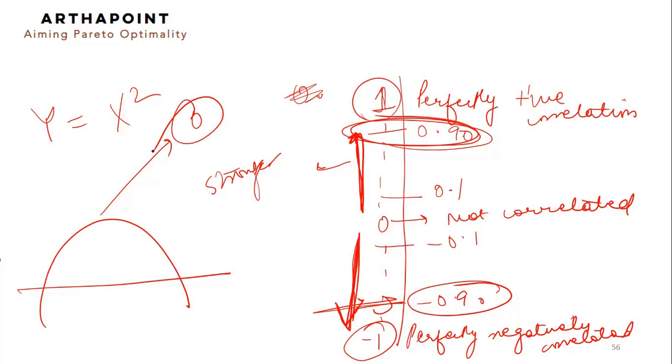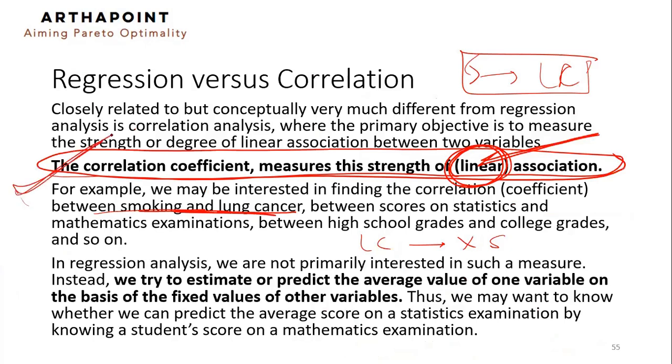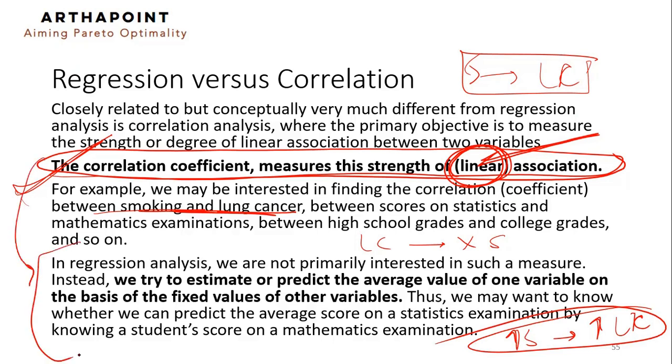Y is associated with x, but there is no linear correlation. So the correlation coefficient is only capable of giving you the strength of linear relationship. But if you have to go a step ahead, if you have to understand what is affecting what, if you have to understand and predict the values, like if smoking increases, what are the chances of lung cancer increasing? By how much will lung cancer increase? If you have to calculate all of that, you have to move a step ahead to regression. So regression is one step ahead of correlation.